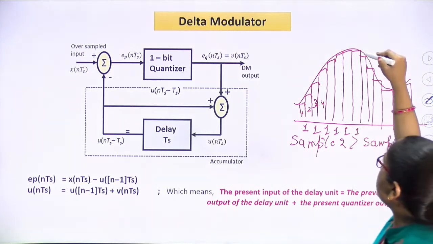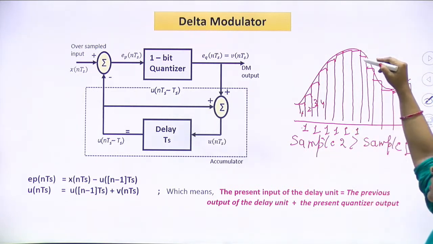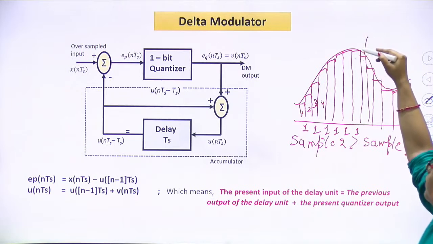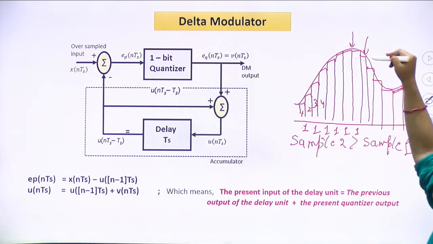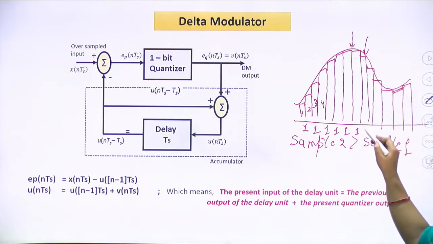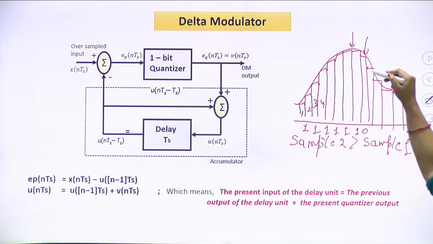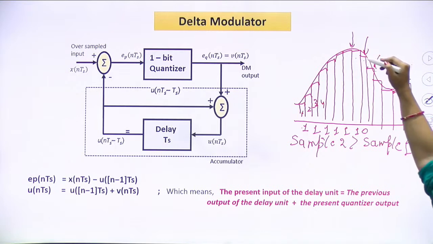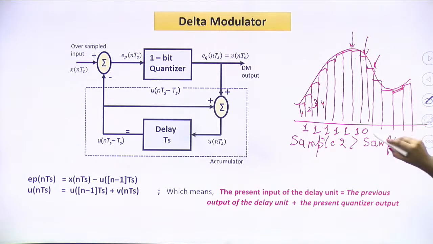Now when the signal starts decreasing, this sample has a lesser value than the previous sample, so their difference comes out negative. So what do we assign now? Binary 0. Similarly, when we compare the next sample to its previous value, it is lesser in magnitude, so we again assign binary 0.